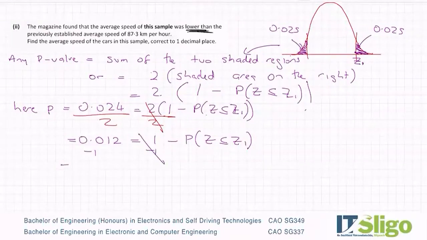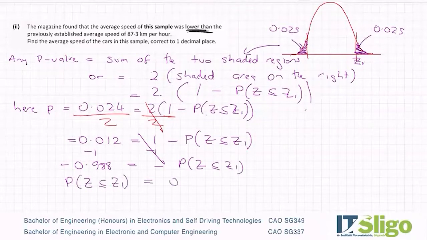I get minus 0.988. Let me just check that, I did it in my head, 0.012 minus 1. Yeah, minus 0.988 is equal to minus the probability of Z being less than Z1. Let's change the signs all the way across, and I'm just going to swap the sides so that it looks a little bit more normal. So what z-score gives me 0.988?